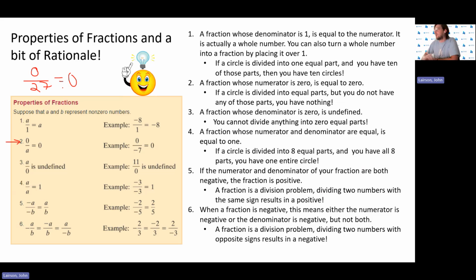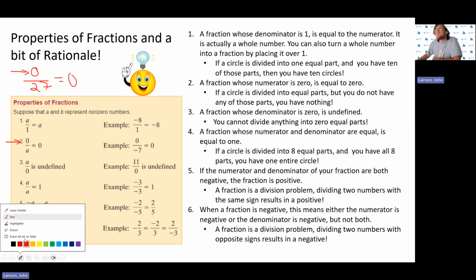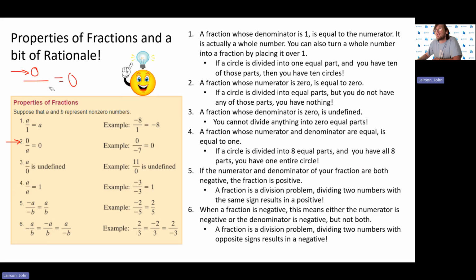If something's been split up into 27 equal parts and you have 0 of them, you have nothing, right? You don't have anything. So it's just 0. So 0 divided by anything is going to be 0. This comes up specifically when we're changing improper fractions to mixed numbers. So we'll talk about that in one of the examples. We'll see that when it pops up.